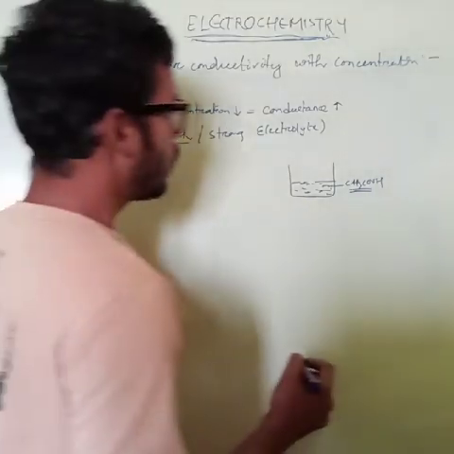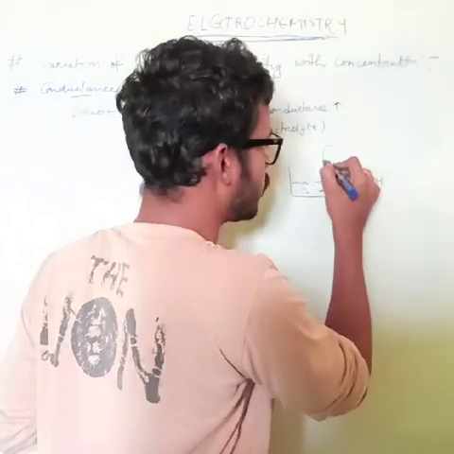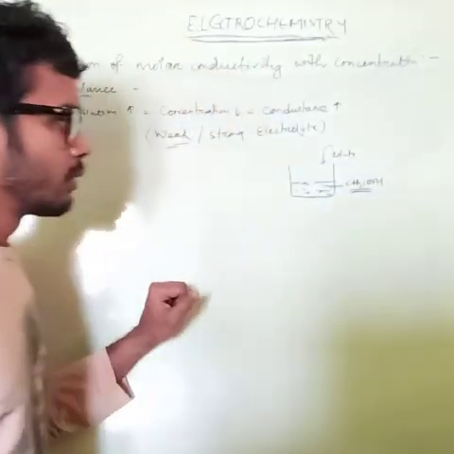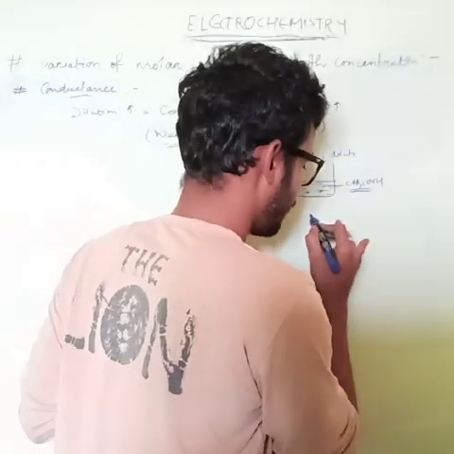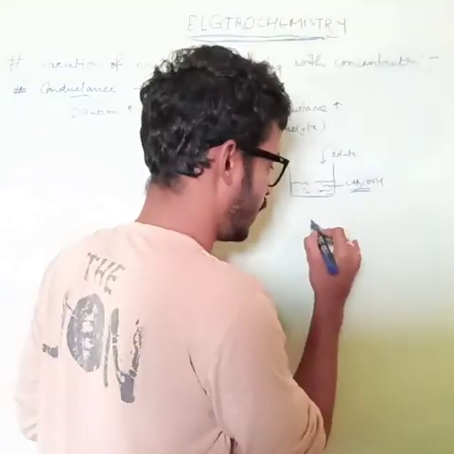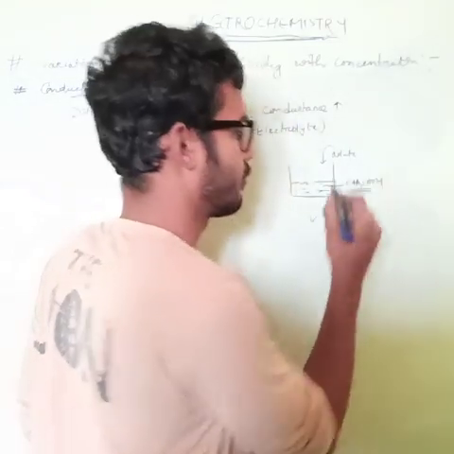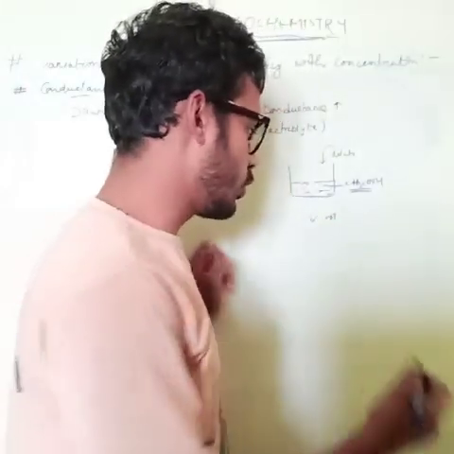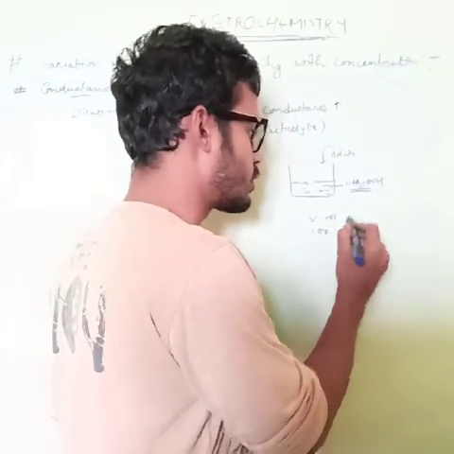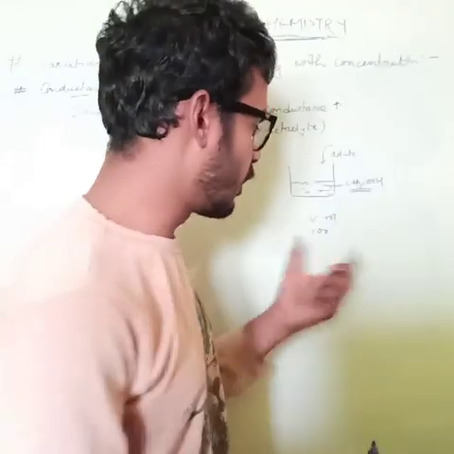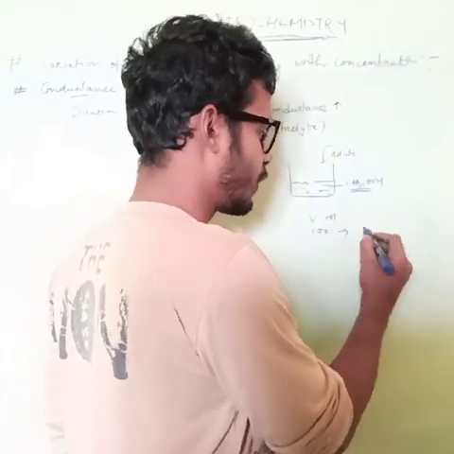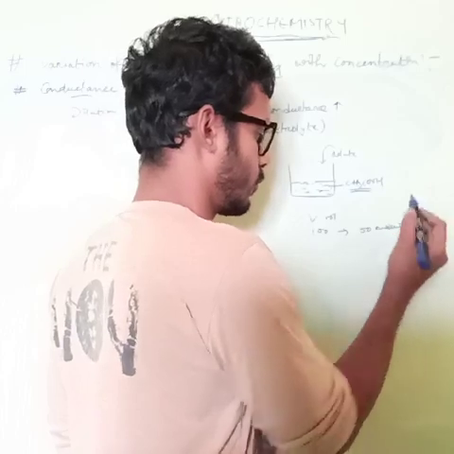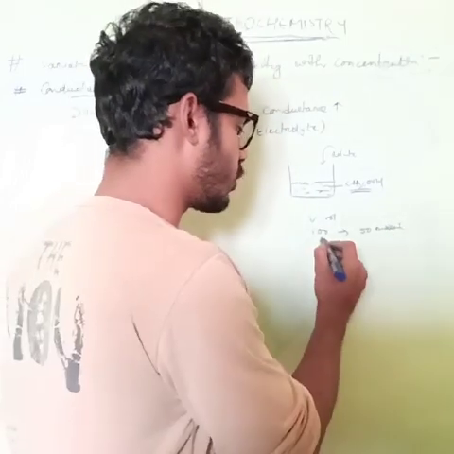So what happens if you dilute it? Suppose initially you have taken V volume of solution and 100 molecules of weak electrolyte dissociated to 50 molecules, and the remaining 50 molecules are still there.